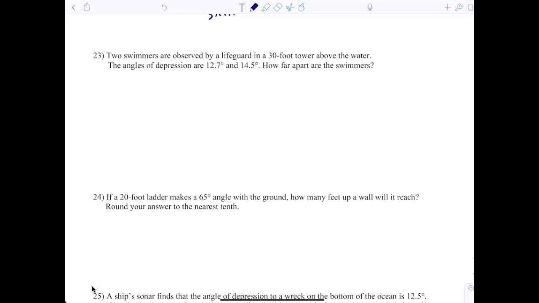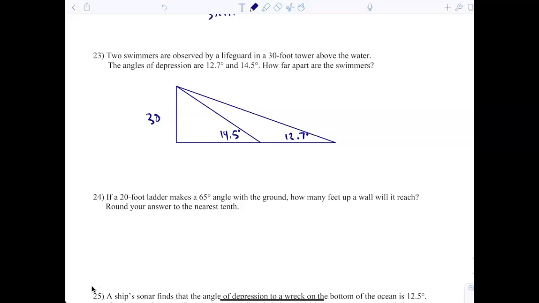If you want to draw it, again, here is your tower, and here are your two swimmers. And now 14.5 goes here, 12.7 goes here, 30 feet goes there. Everybody happy with that, right?